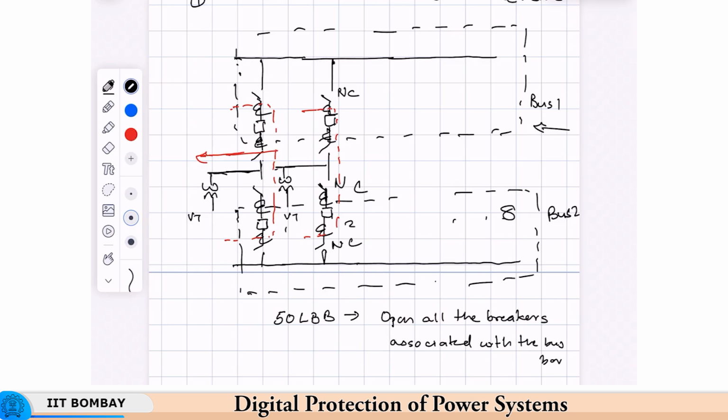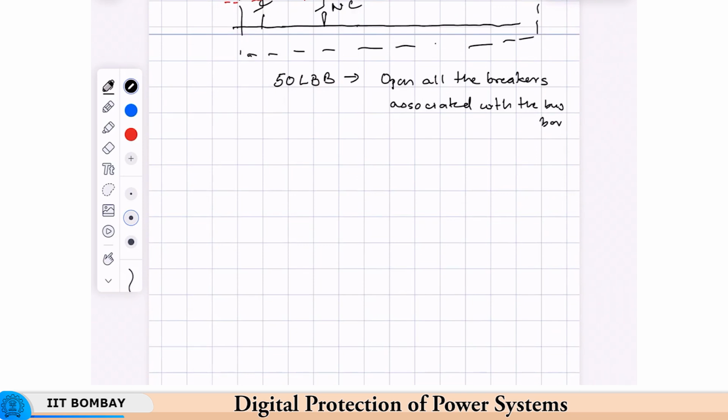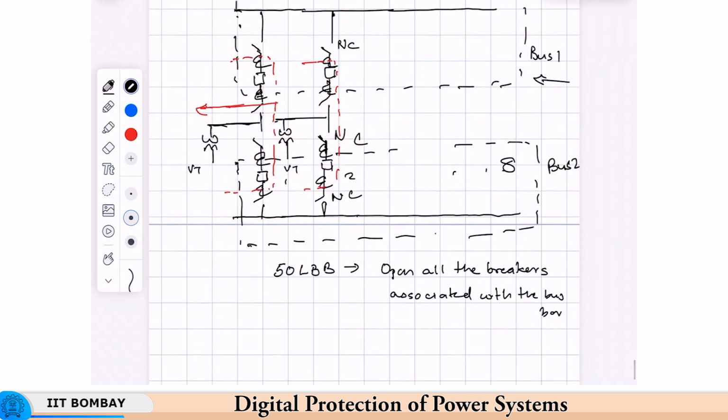Okay. So, the next type, as you can see, takes two breakers per feeder or per transmission line or per transformer.